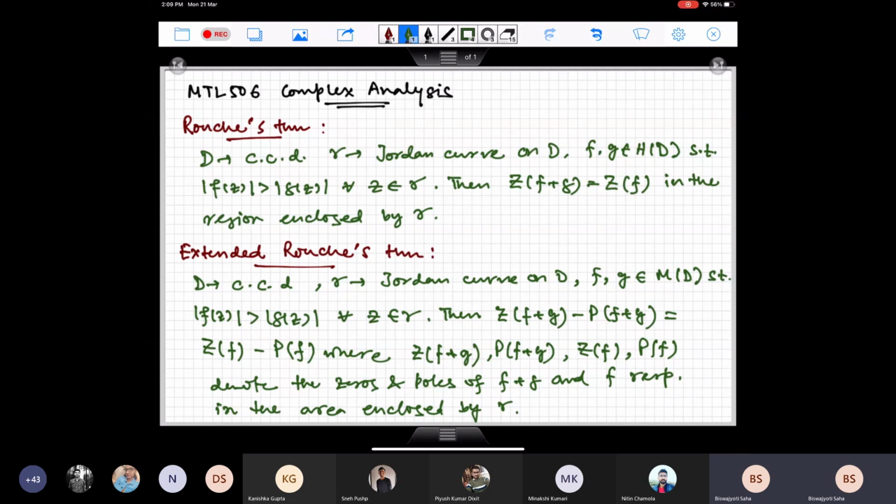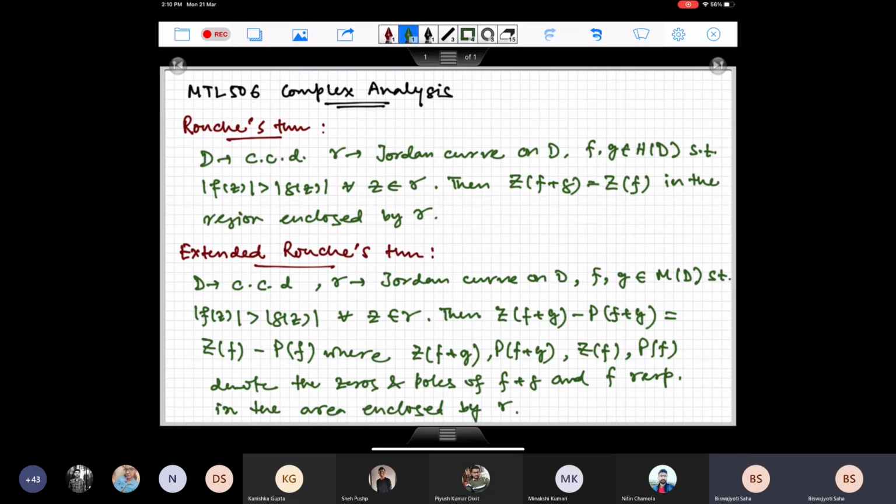And what we realized is that the first integral is going to give me Z of f plus g minus P of f plus g. The second integral is going to give you Z of f minus P of f. And then the third integral, we had to show that it was equal to 0. Exactly what we did in the proof of the theorem.